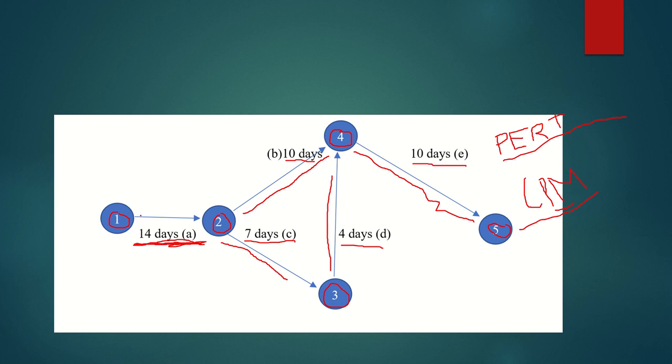There are different paths we can identify in this network. The first path we have identified is 1 to 2, 2 to 4, and 4 to 5.